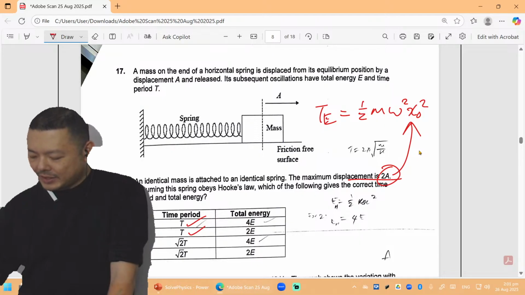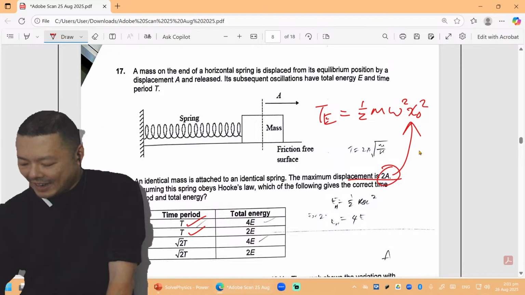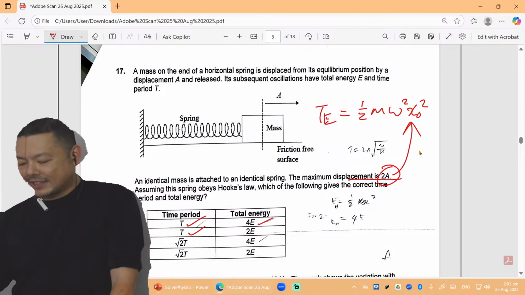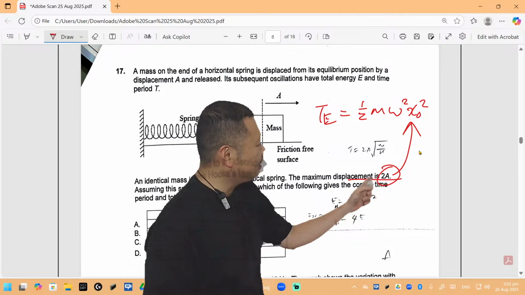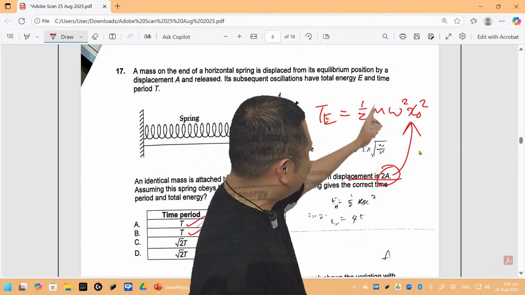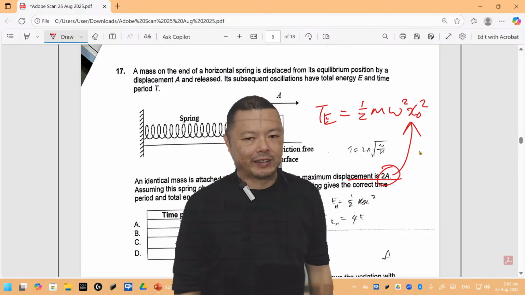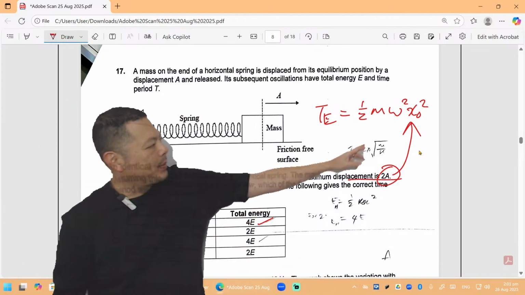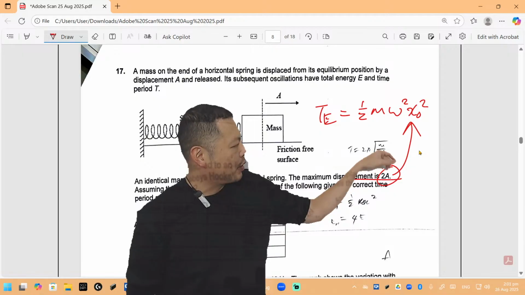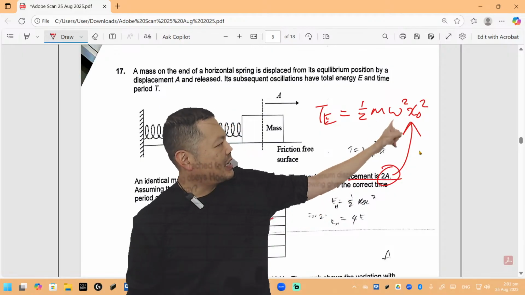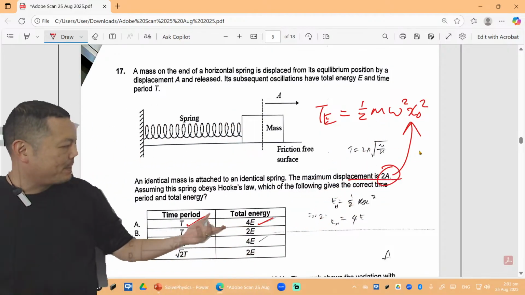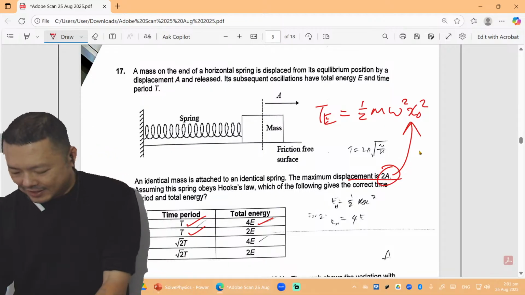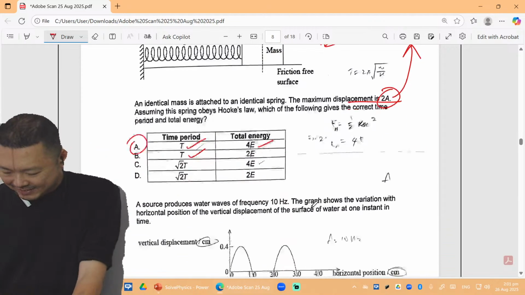Usually they'll double the mass, because when you double the mass, the m here is doubled and the omega is also affected, since omega is 2 pi square root of m over k. If you did that, both factors would change, but they only doubled the amplitude. I'm a bit confused myself. A is the answer.